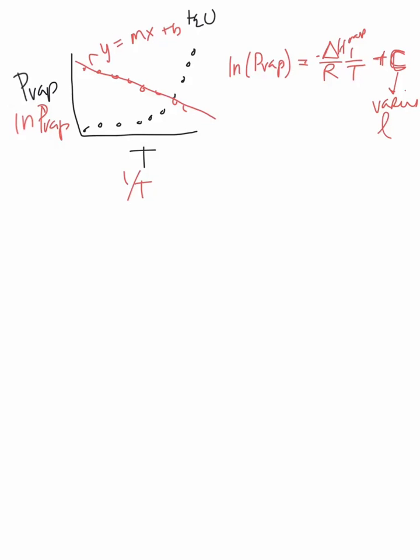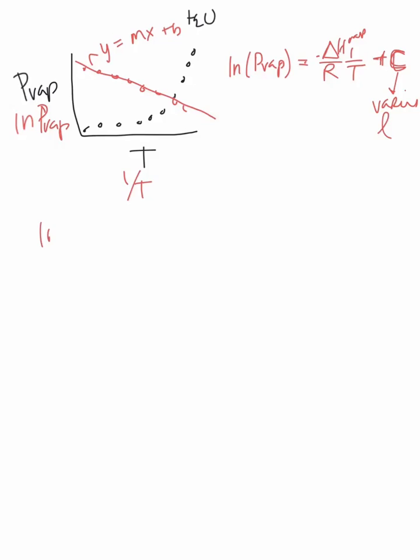It turns out that there is another version of the Clausius-Clapeyron equation that allows us to do just that. Let's say we have a substance at two different temperatures, T1 and T2.